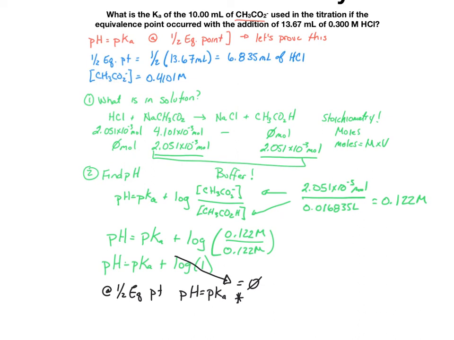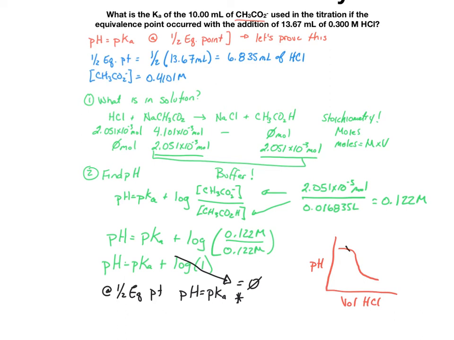So how do we find the pKa? Well, we have our titration curve looking something like this. And what we have to do is use our titration curve.